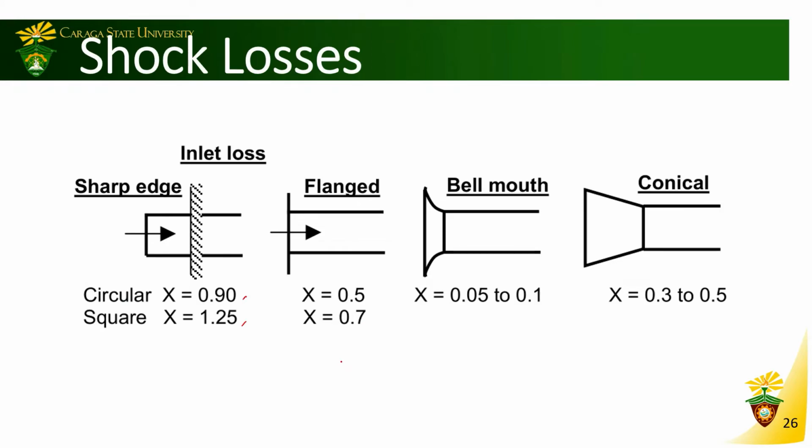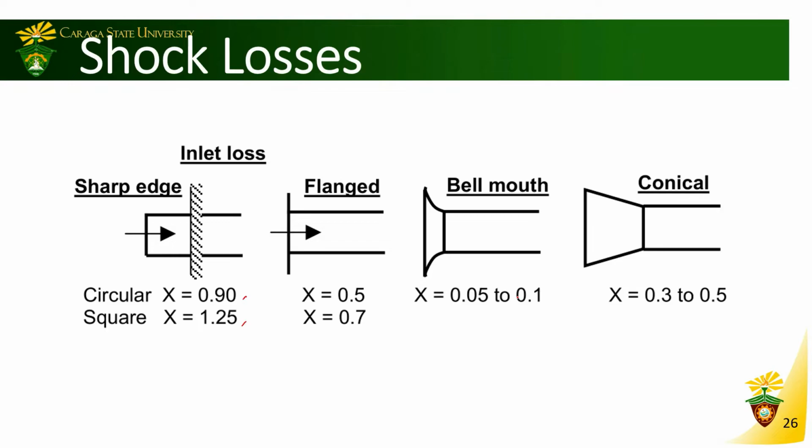For a bell mouth, the shock loss factor becomes minimal, no? 0.05 to 0.1. For conical, it's 0.3 to 0.5.